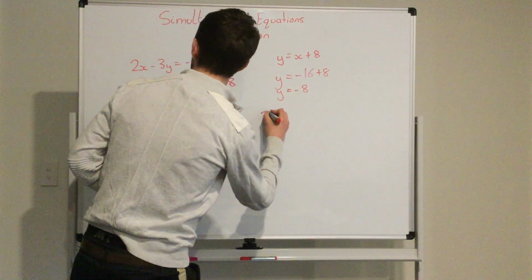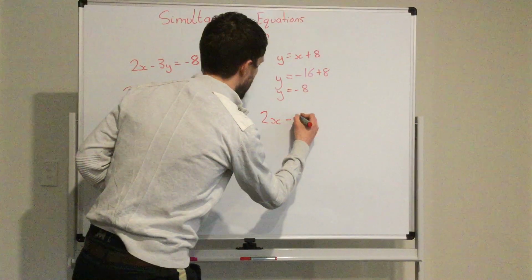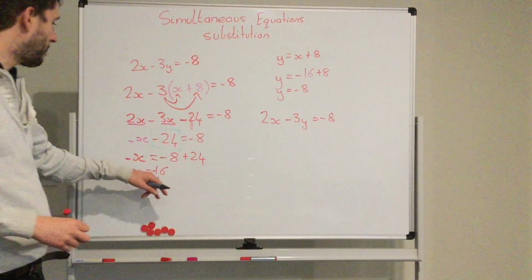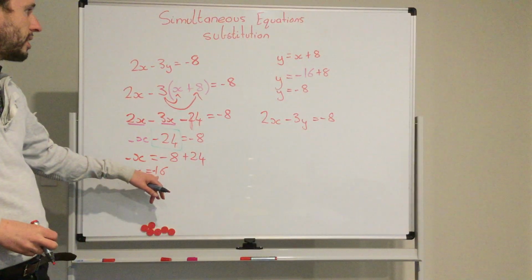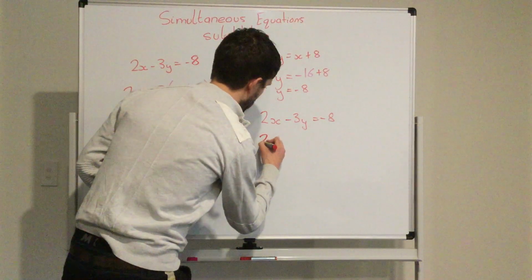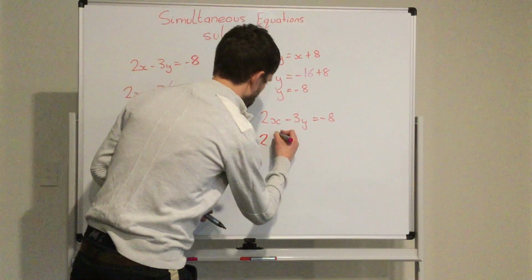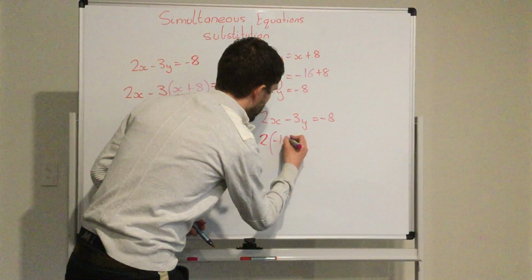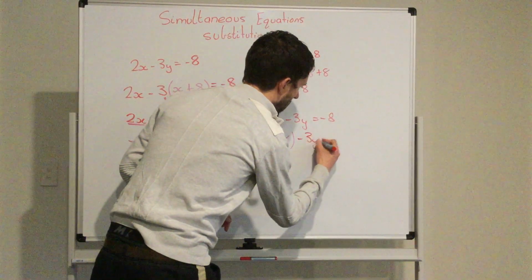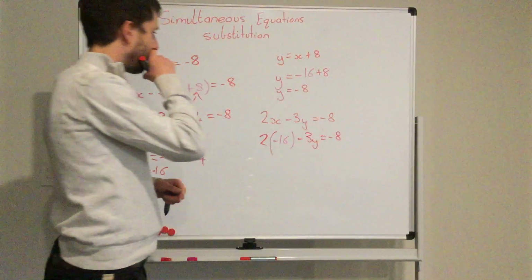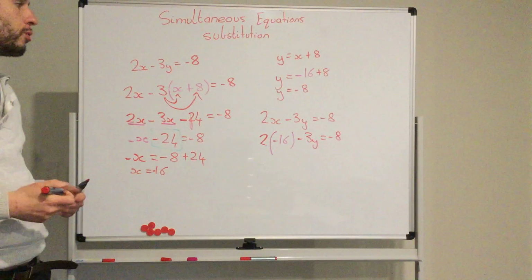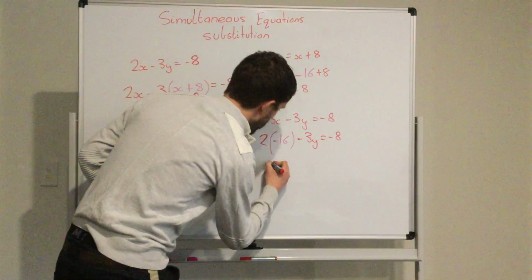So I'm going to write this equation out. 2x take 3y equals negative 8. I'm substituting negative 16 in for x. 2 times negative 16, take 3y equals negative 8. 2 times negative 16 is double 16, 32, negative 32.